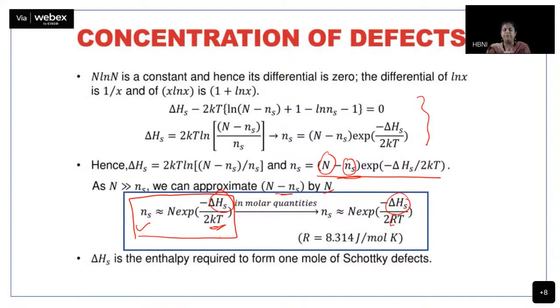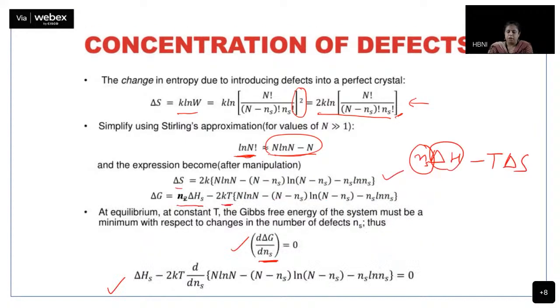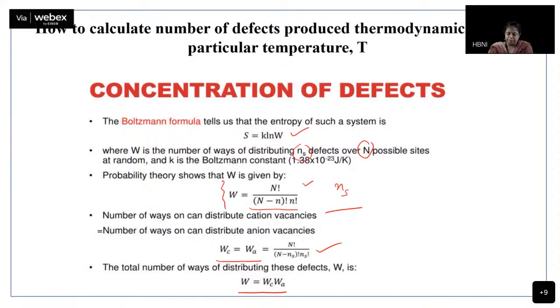Now one very interesting thing. In this expression, we did W equal to W_C into W_A, because I was creating a pair of defects. But suppose I'm talking of only one vacancy or one interstitial. Suppose you have a metal, gold or iron. There I don't have cations and anions, only atoms.